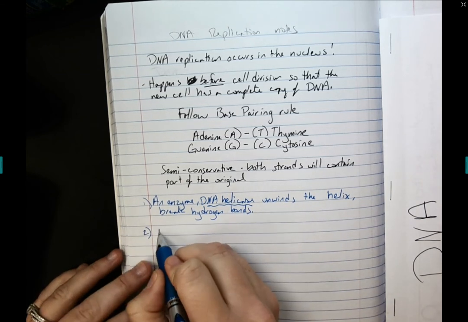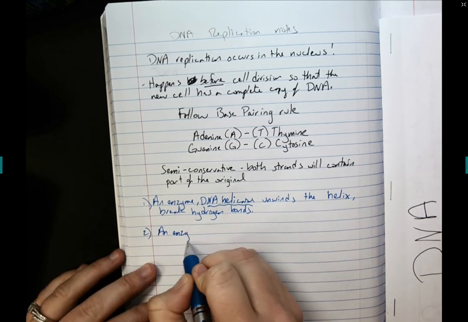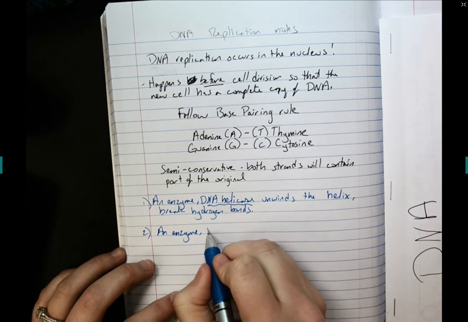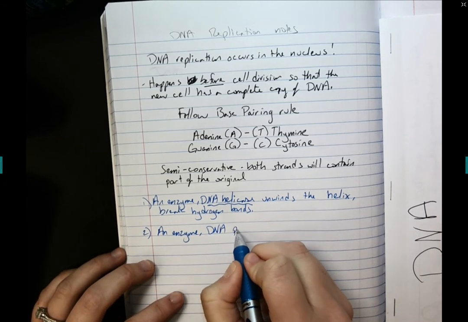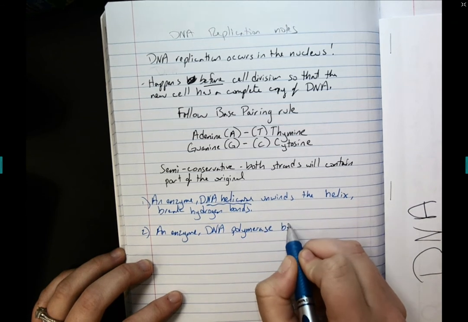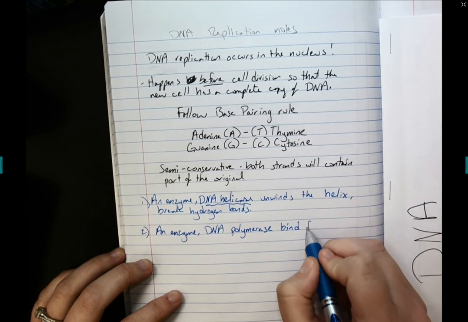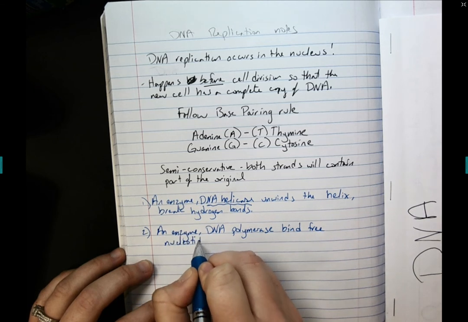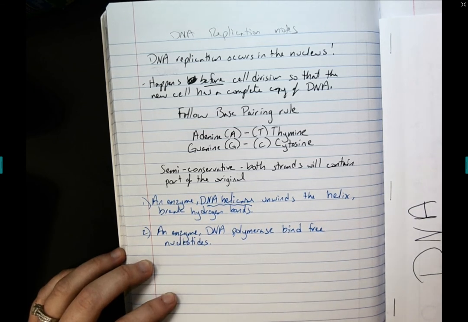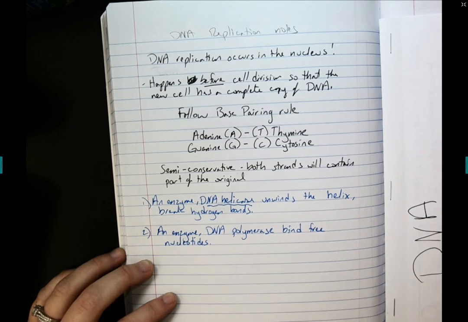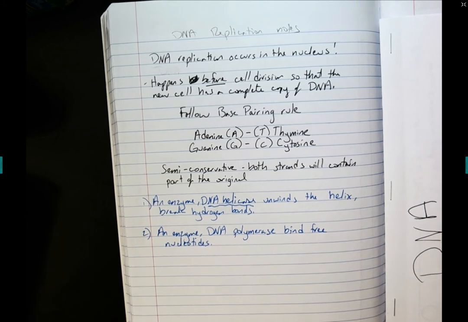Then a second enzyme called DNA polymerase is going to bind free nucleotides to the newly broken hydrogen bonds to create that double helix.